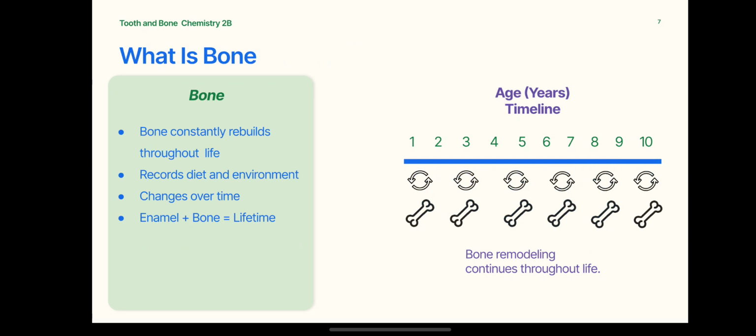So while enamel gives us a snapshot of early life, bone gives us an update of adulthood. By comparing both enamel and bone from the same person, we can see if something's changed in their life. That could be a shift in diet, or even a shift in a different environment. And we'll get to that soon.